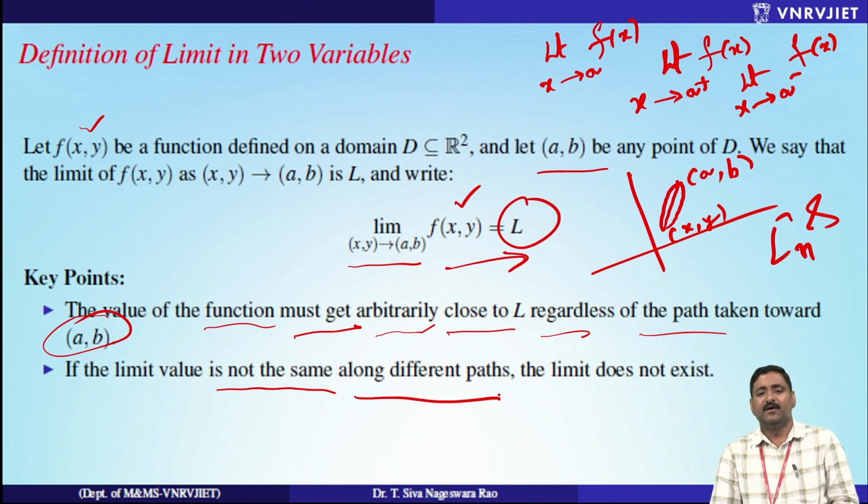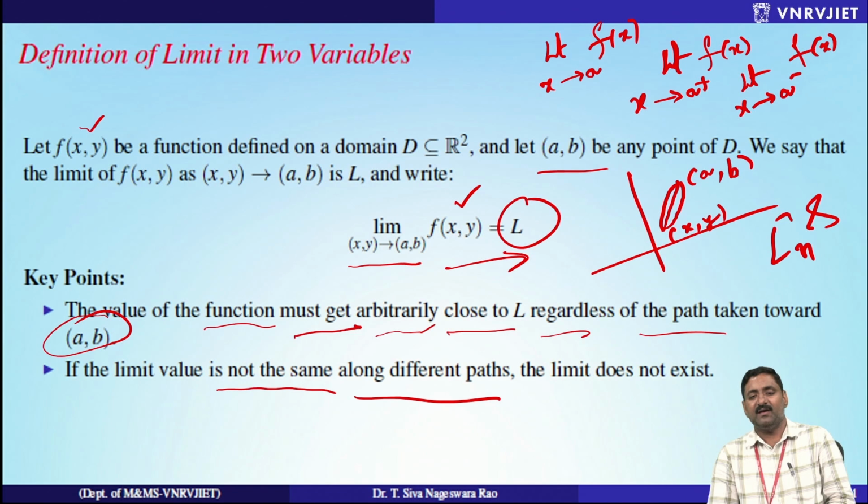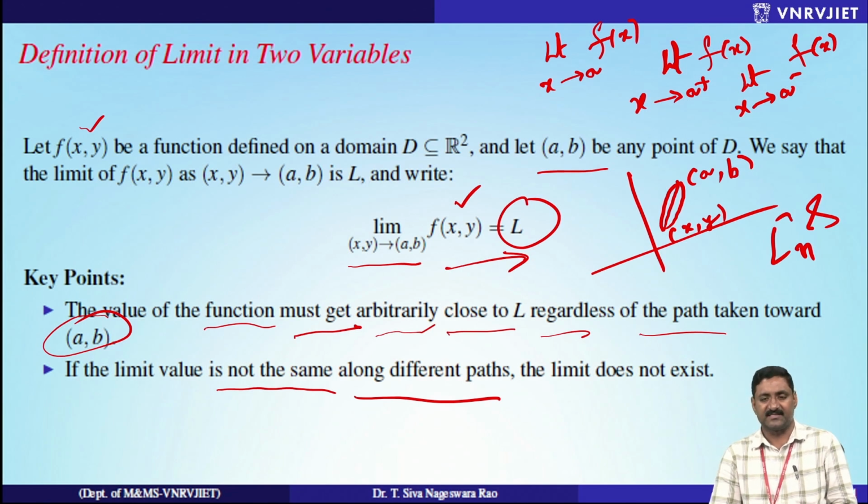That means for one path the limit is L1, for another path the limit is L2, between the points x comma y and a comma b. Then if L1 is not equal to L2, we can say directly that the limit of the given function does not exist.